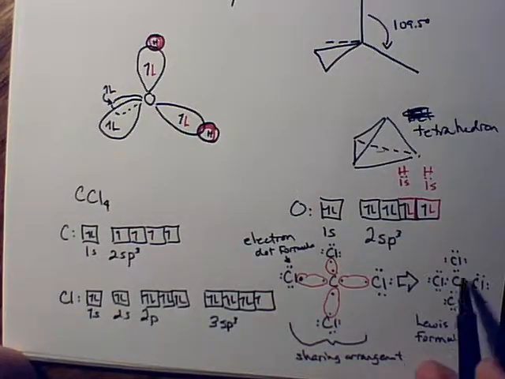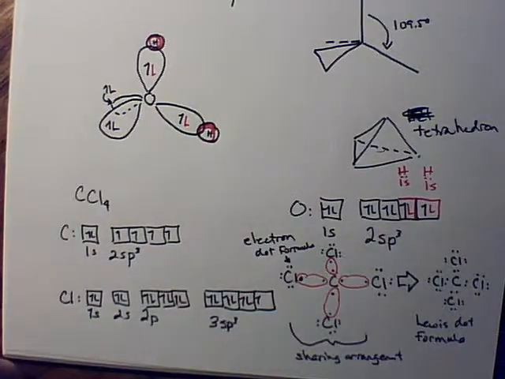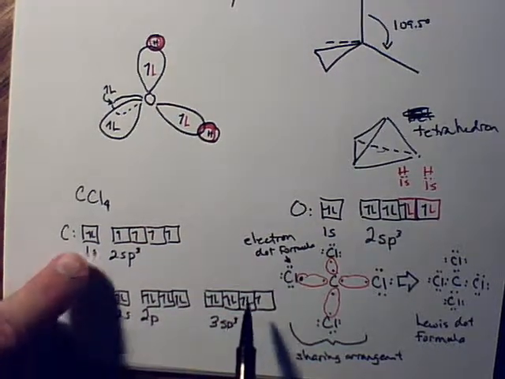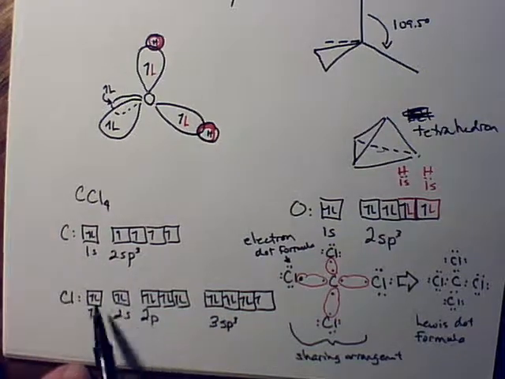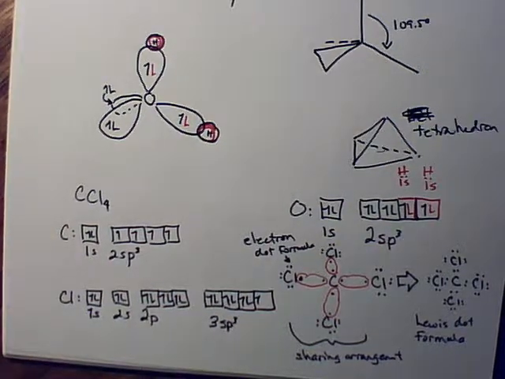This allows me to show that I'm sharing 2 electrons between each chlorine and the carbon, which I could have shown by doing a really, really complex structure with orbital notation, but that becomes so cumbersome it's not even worth trying to do after a while. And this was a simple molecule. If we did a more complex molecule, wow. Imagine trying to do that. Couldn't do it. Does that make sense?